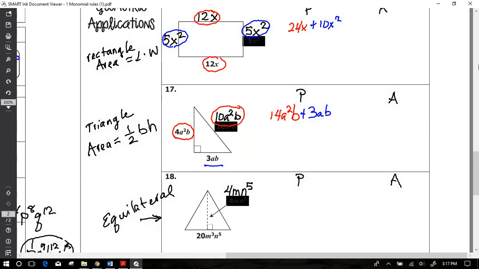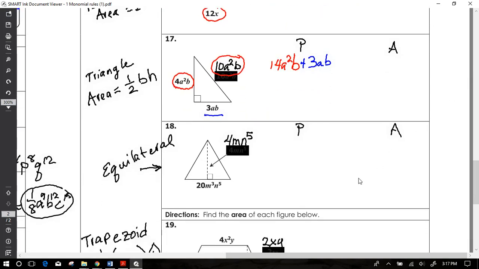Let's get the perimeter of number 18. Now I did add here for you that this is an equilateral triangle. Okay, so what that means is that all 3 of these sides are going to be exactly the same. 20 m cubed n to the 5th, and then 20 m cubed n to the 5th.